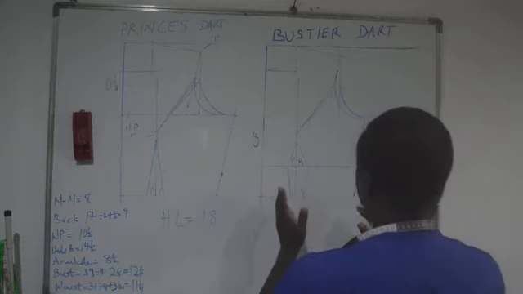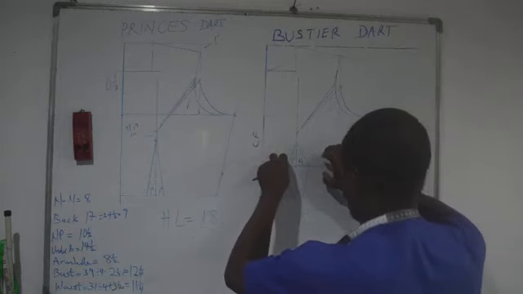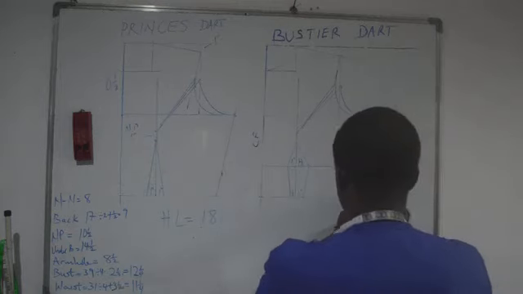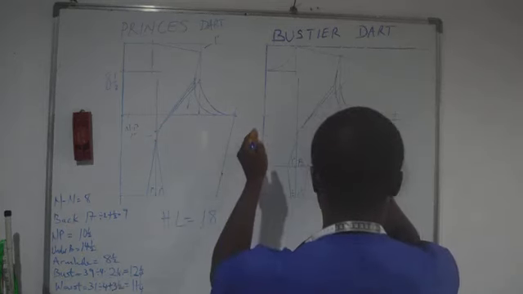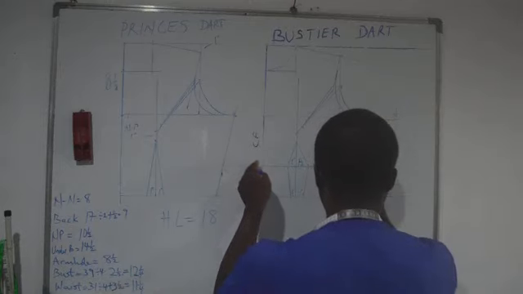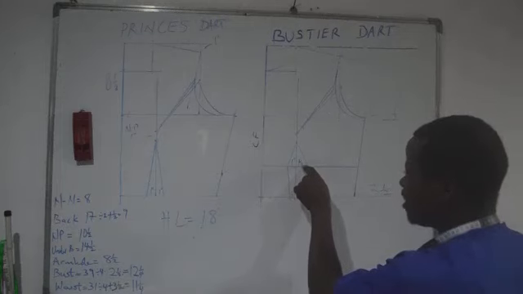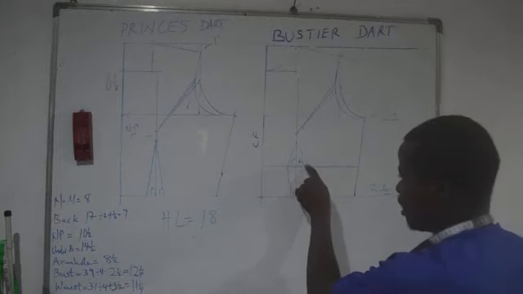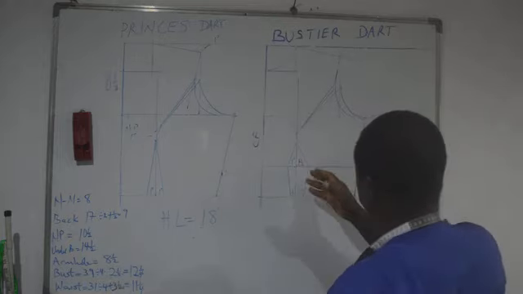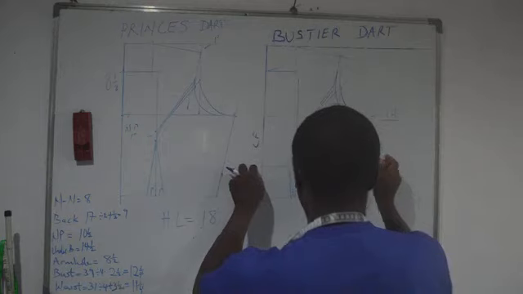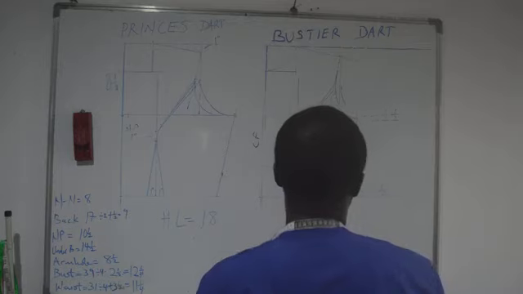The reason why we added this is majorly because of these points, and definitely if you are drawing up like this, this area is going to be wider. So that is why we need to take off extra half an inch, make it 1.5 instead of the 1 that we have here, so that it will take care of the excess that you will have here. And here also we have removed 1 inch.